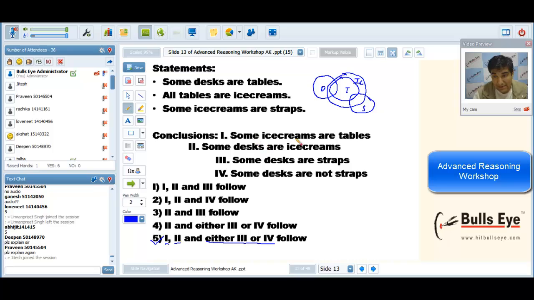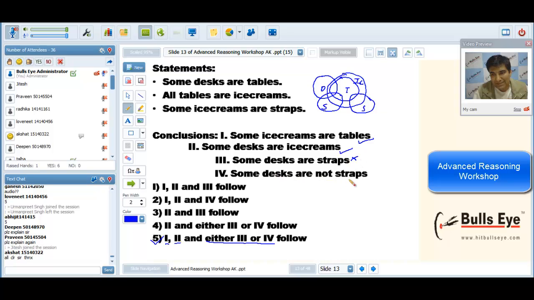I think some ice creams are tables is a correct conclusion. Some desks are ice creams is another correct conclusion. Now, some desks are straps may or may not be there, because I could have straps here. So may or may not be is generally not true.